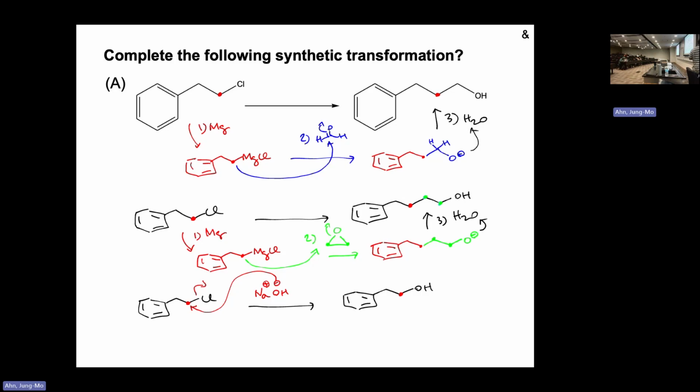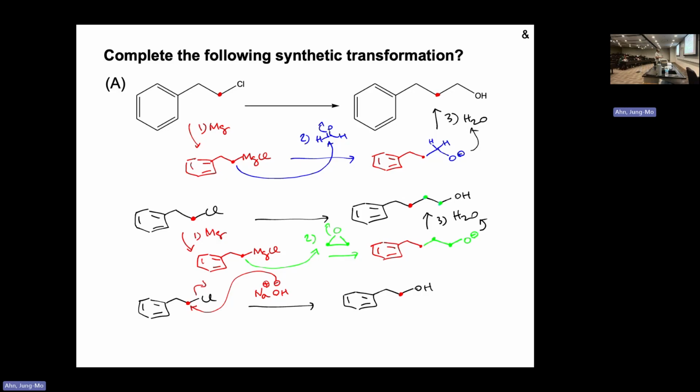I'll show you, we can make that. But the problem is, this is a strong base, and there's a hydrogen there. So if the hydroxide picks up this proton, then that will make an E2 elimination reaction, and then you're going to have these forms.